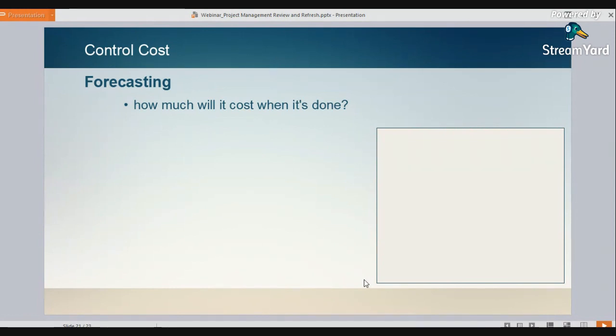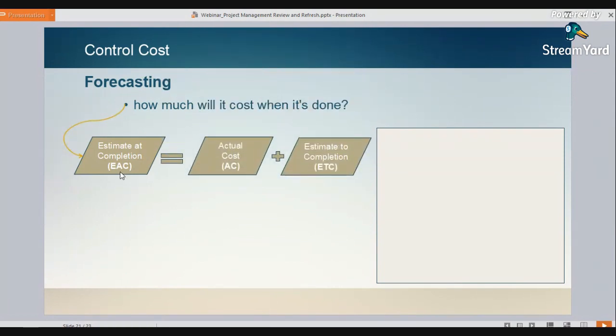July 31st. Forecasting answers the question, how much will it cost when it's done? Okay, we're behind schedule, we're ahead on cost, whatever. What's this going to mean when we're done? Not when it's going to be done time-wise, but how much is it going to cost me? We call that an estimate at completion, EAC.